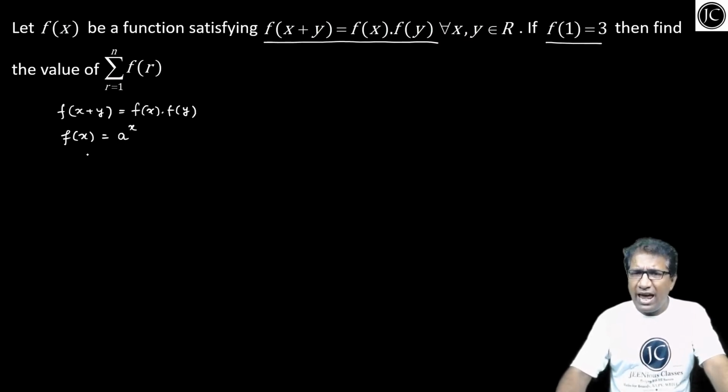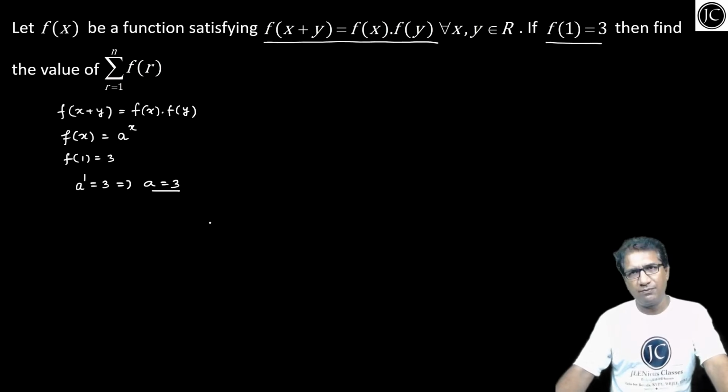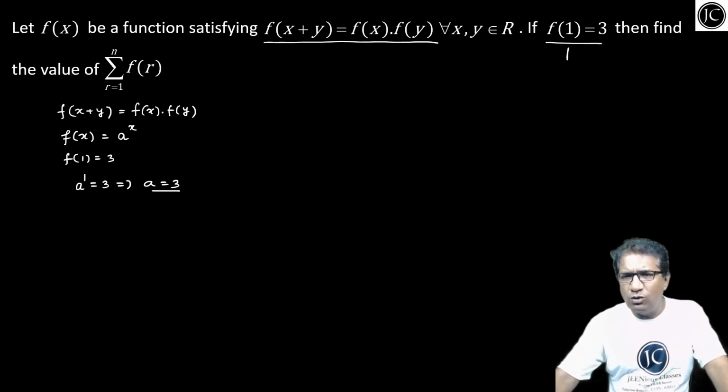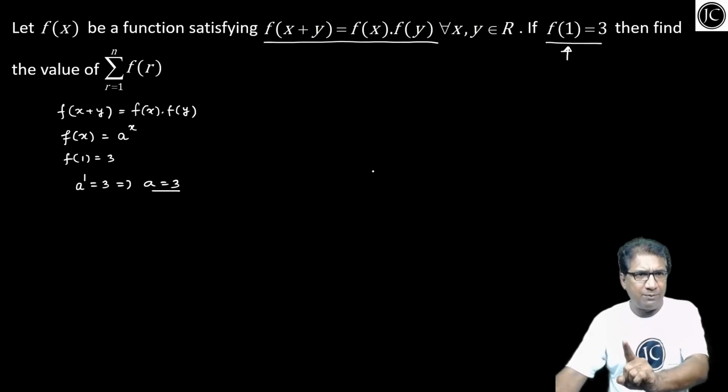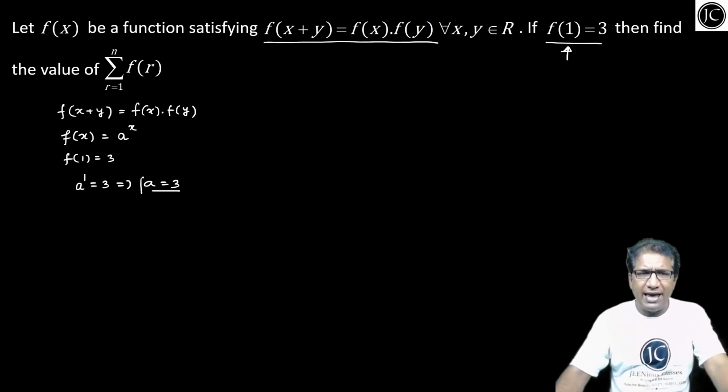Now they have given f(1) is 3. What does this mean? a to the power 1 is 3. That implies a is nothing but 3. Actually this value is given to you to find the value of the constant a. So from here we got a is nothing but 3.